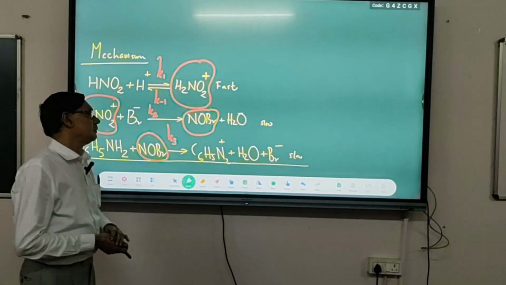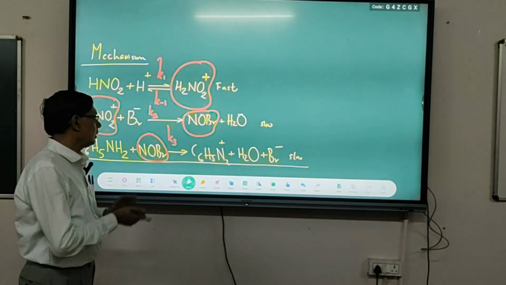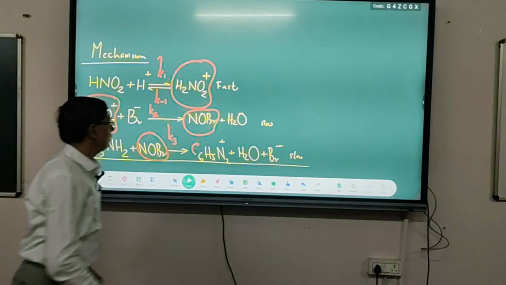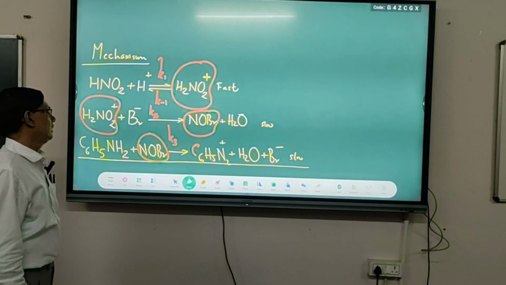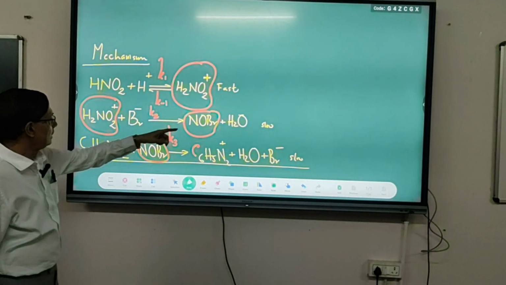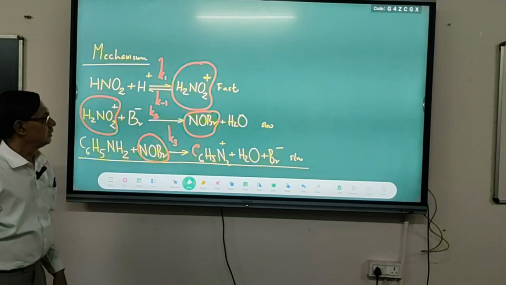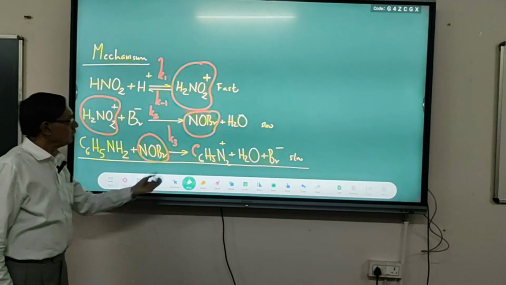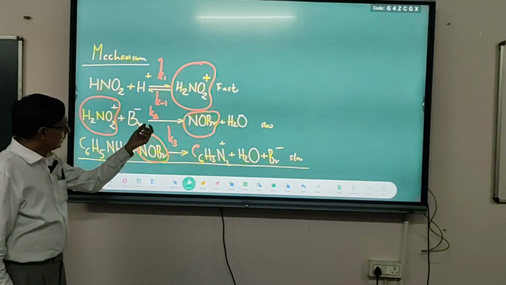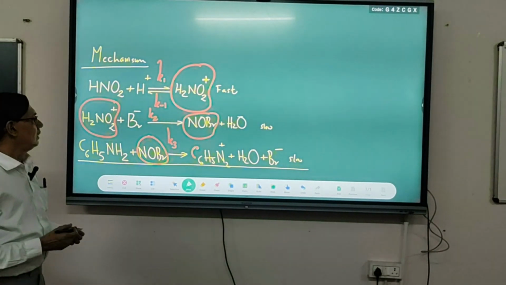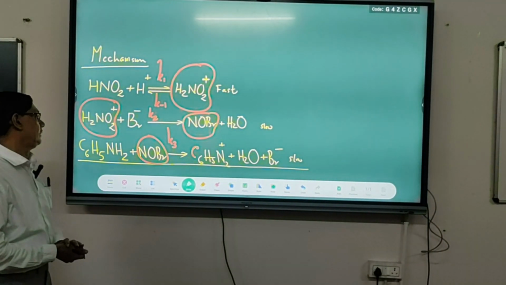Now in kinetics there is a terminology, sometimes it is called mathematical simplicity or a matter of convenience, because there are two steps. Maybe step number 3 is very slow, or sometimes step number 2 is also slow, but the matter of convenience is how do you determine this rate?